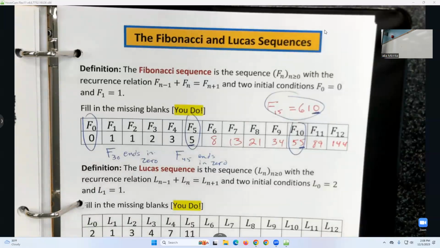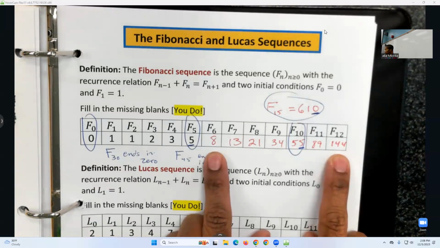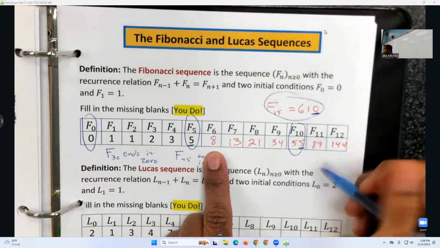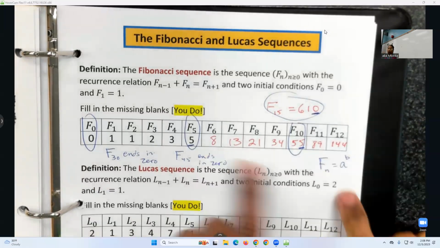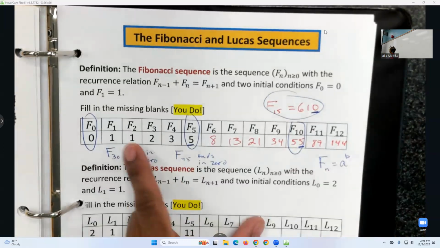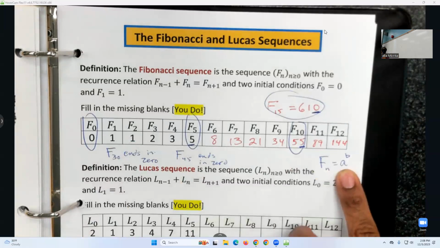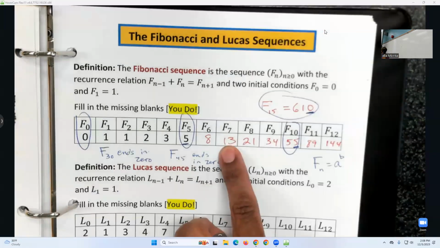So that's kind of a groovy thing. That's one of the quirky properties. I also spoke yesterday about how 144 and 8 are special. They are the only Fibonacci numbers of the form a to the b, where a is an integer bigger than 1 and the exponent b is also bigger than 1. Not silly things like 1 to the 1, or 13, which is 13 to the 1.